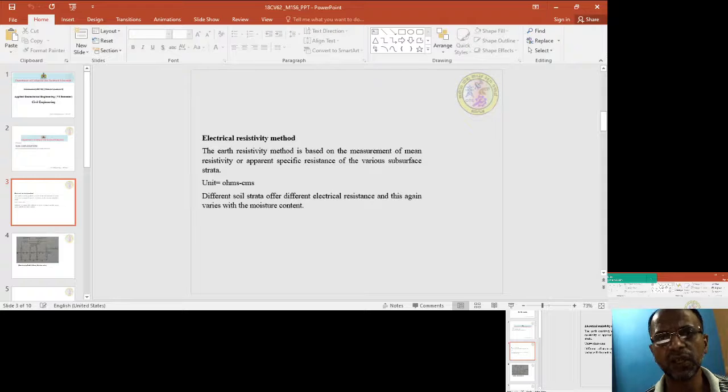Different soil strata offer different electrical resistivity, and this again varies with the moisture content.